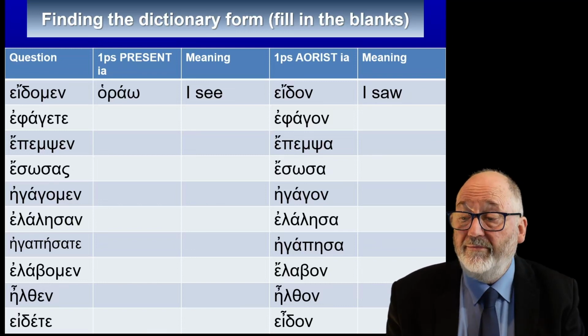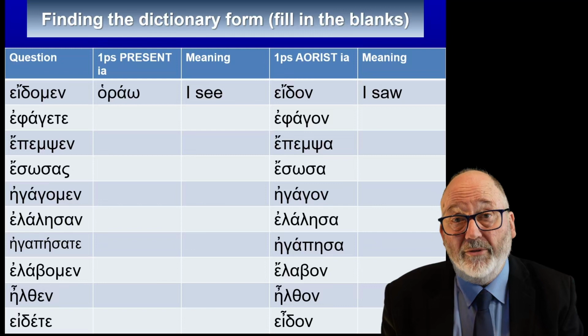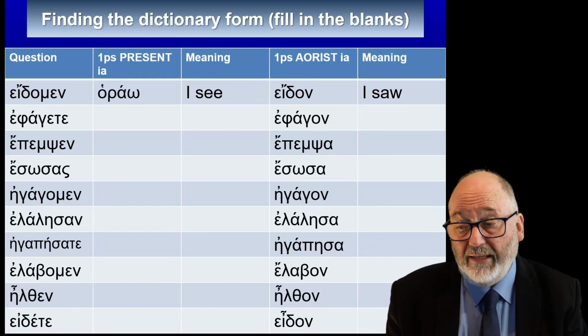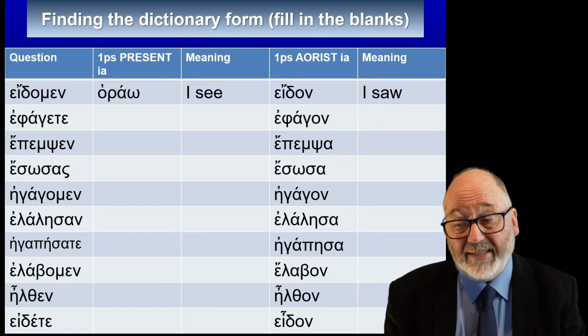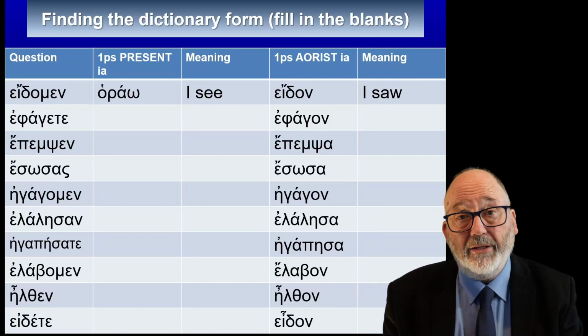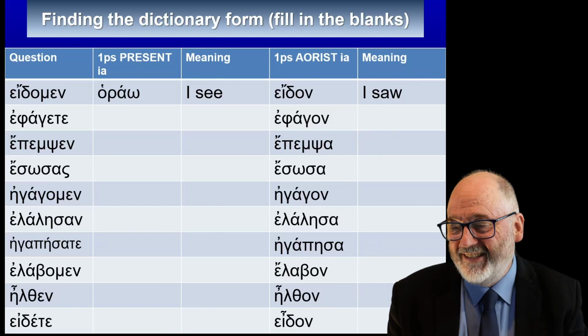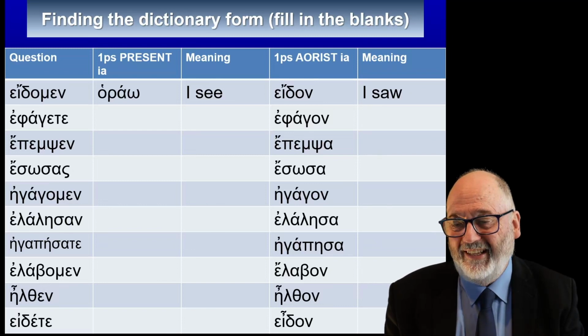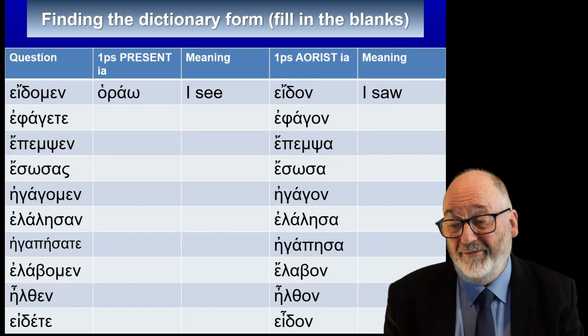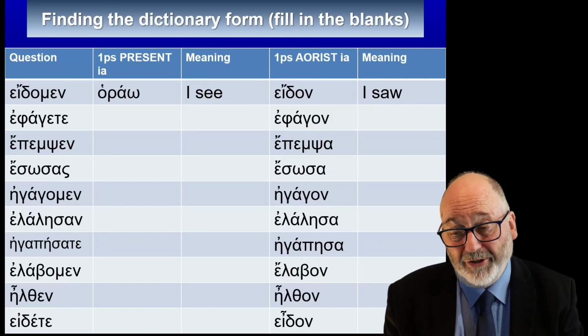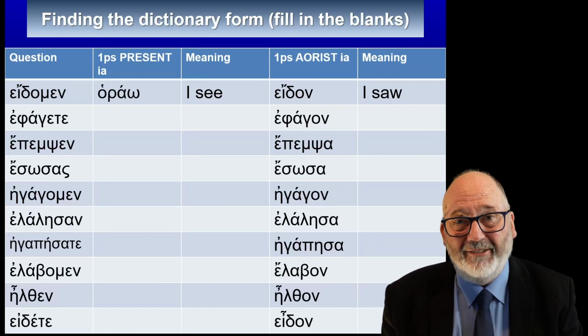So idomen is eidon in the first person singular. Ephageti is ephagon. Epempsen is epempsa. Esosas is esosa. Agagomen is agagon. Elelaisen is elelaisa in the first person, etc.